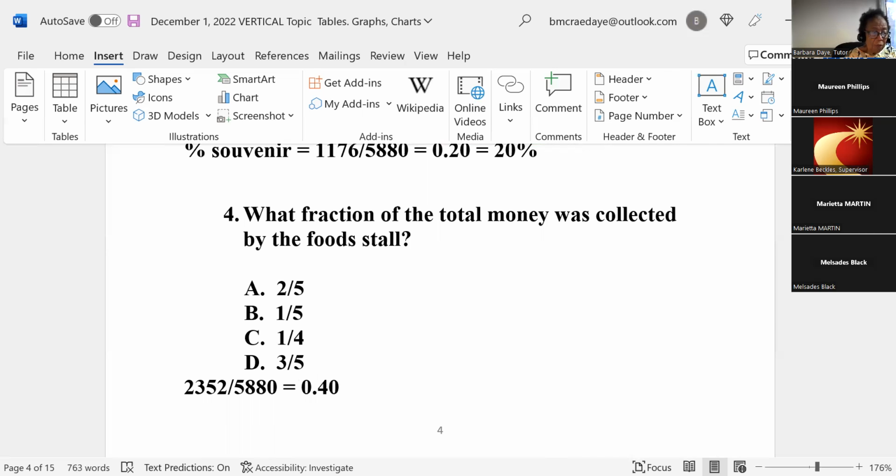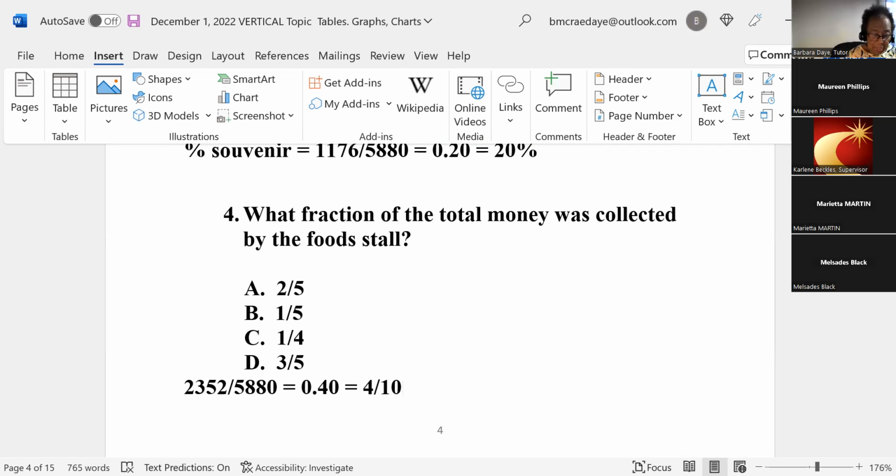And 0.4 is what fraction? Remember, we're asking for a fraction. And 0.4 is 4 over 10, right? 40 over 100 or 4 over 10. Yeah.